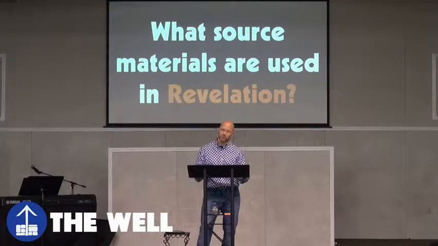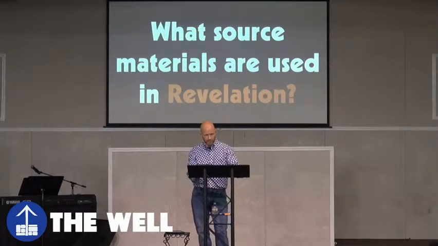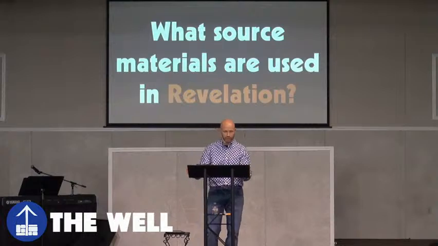Now, here's what we need to recognize about John's use of symbols that are allusions to the Old Testament. He knows the original context of the Old Testament allusions that he uses in Revelation.